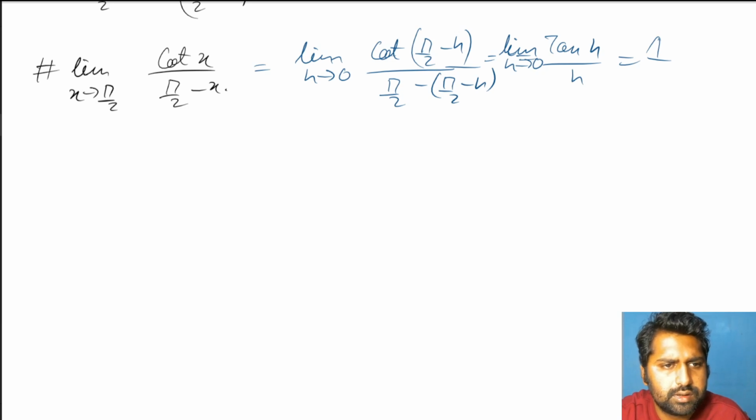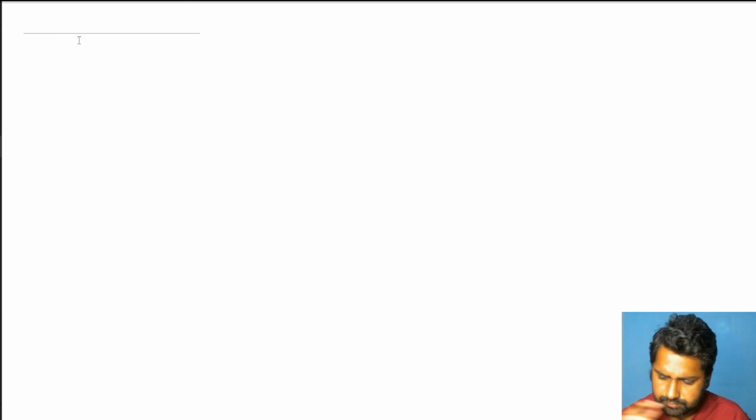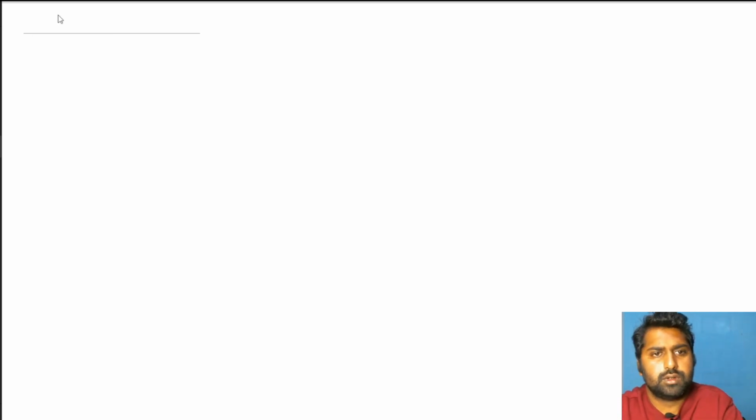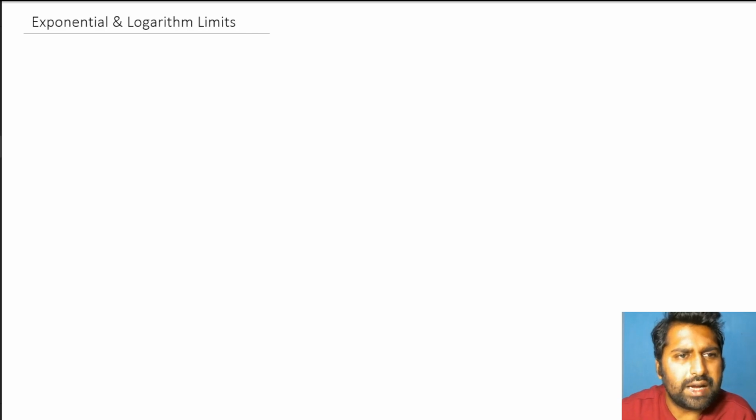Next, let's start with exponential and logarithm limits. So again, the idea is pretty much the same as the trigonometric idea. It's just that the expression will look slightly different.